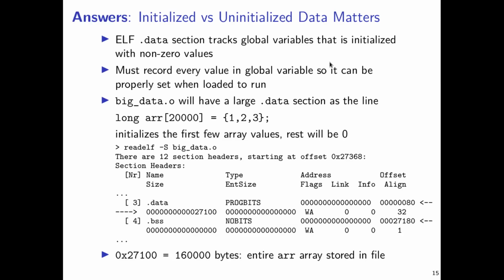In fact, if you look at these two files and examine the ELF sections that are associated with them, what we'll find is that there's a different treatment of initialized to non-zero versus initialized to zero data structures in it.